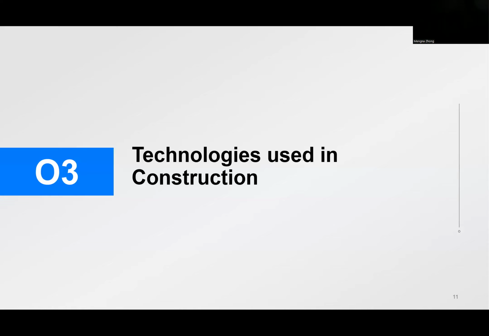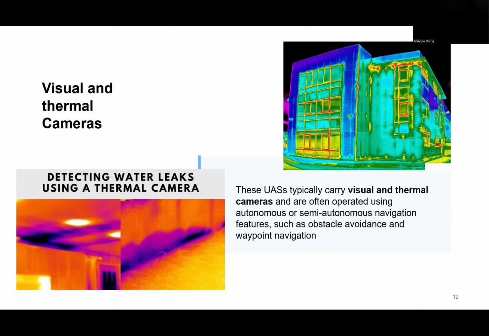Last one, I want to talk about some technologies used in construction. First, visual and thermal cameras. Visual cameras are used to collect regular images and videos, and thermal cameras, or thermographic cameras, sense infrared radiation, collecting radiation with longer wavelengths than visible light.